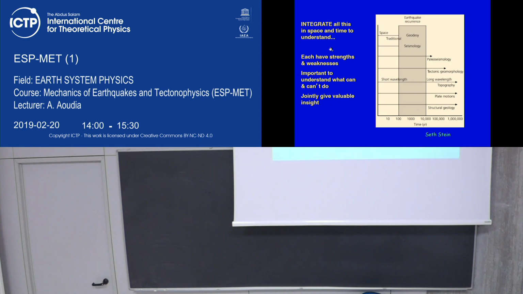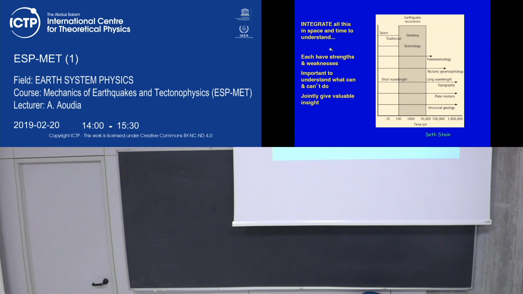And then paleoseismology excludes humans. There we need to go and date the material that has been displaced. We could use nuclear physics to date, right? C14, for instance. And then you get into what we call tectonic geomorphology. And tectonic geomorphology has in some ways what we call short wavelength and long wavelength topography.